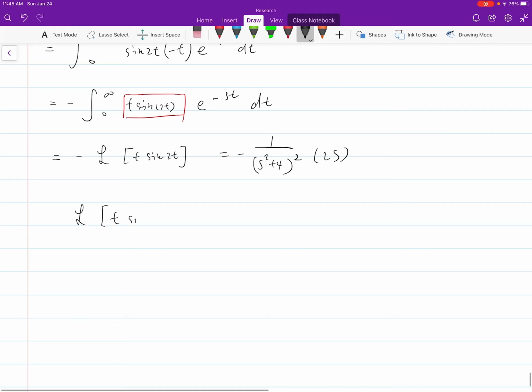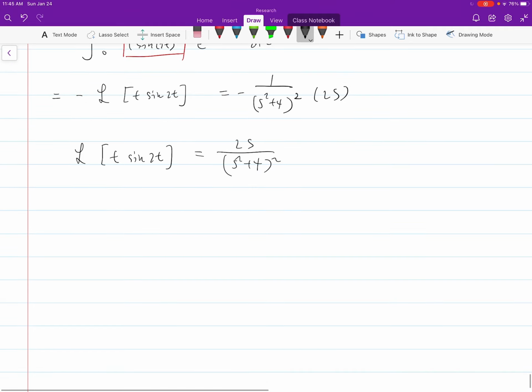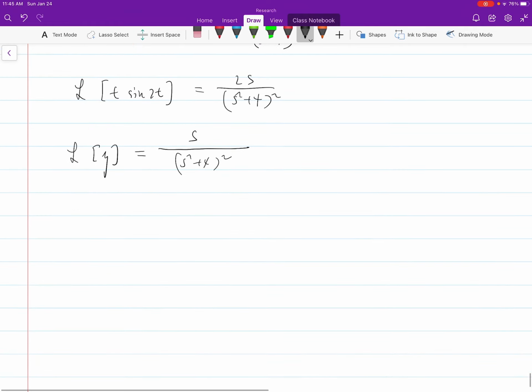Okay, so it's settled. L of t sine 2t equals 2s over (s squared plus 4) squared. Now what do we got? We got Ly, this is what we got from the differential equation.